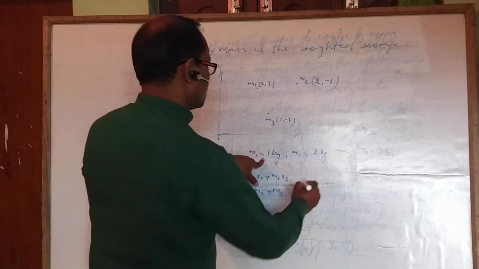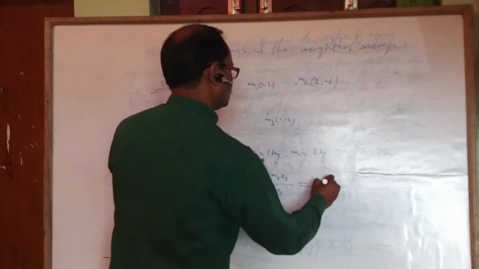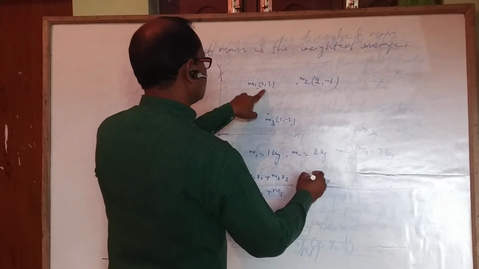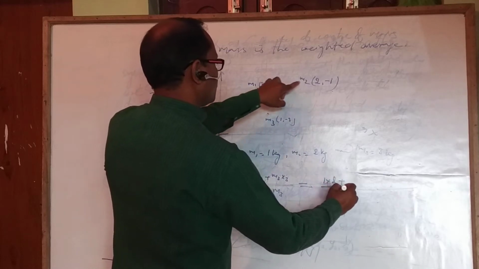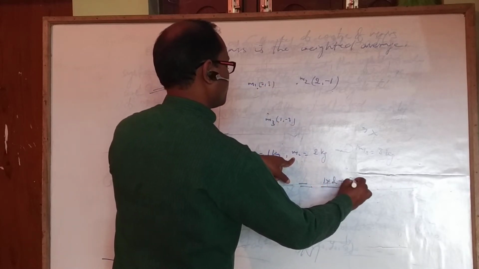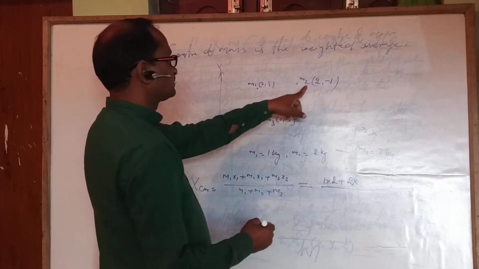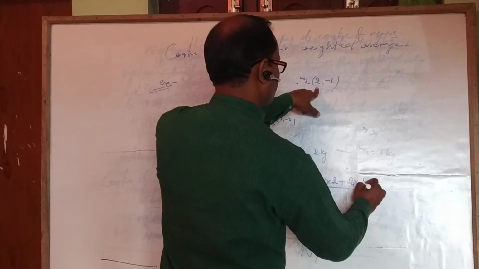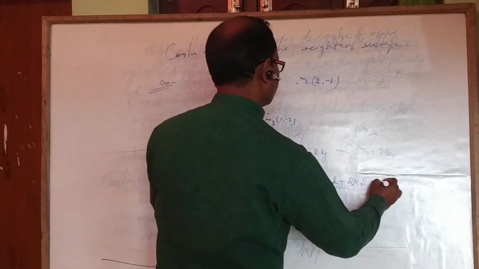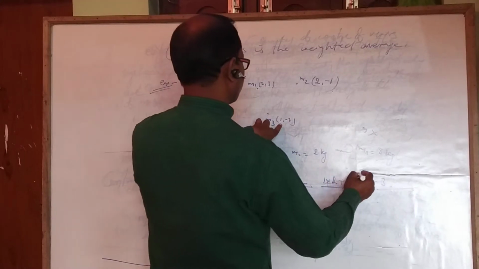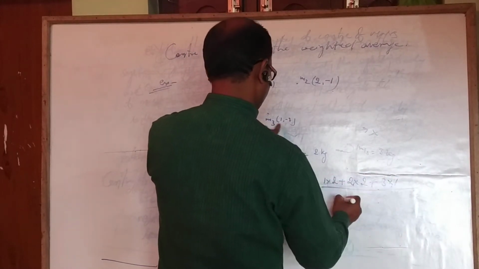Here m1 is 1 kg and x1 is 2, m2 is 2 kg and x2 is 2, m3 is 3 kg and x3 is 1.